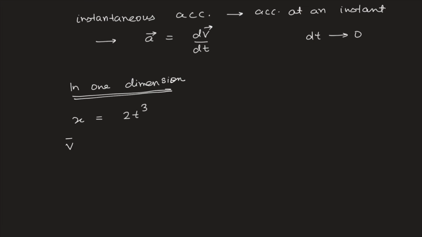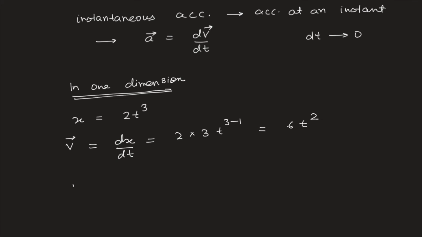So the instantaneous velocity is going to be equal to dx by dt, and that would be equal to 2 times 3 times t to the power of 3 minus 1. So that will be 6t squared. So that is your instantaneous velocity. I'm telling you again, this is instantaneous velocity because it is the rate of change of position.